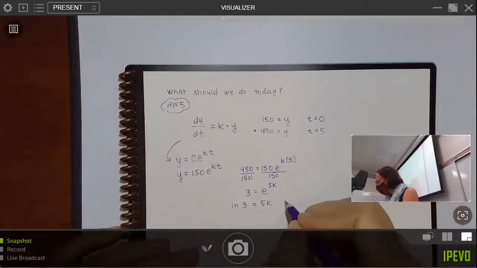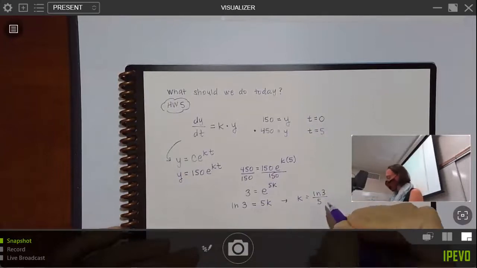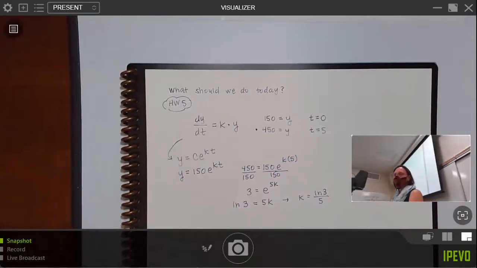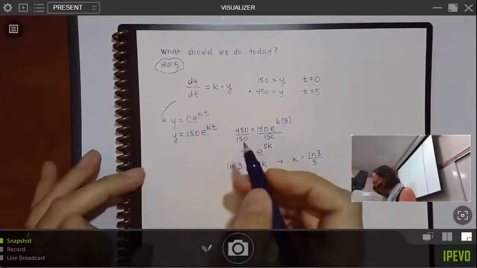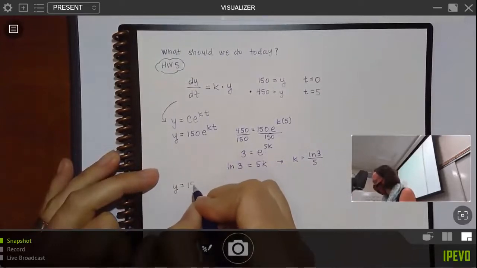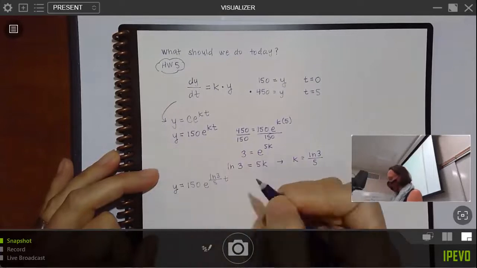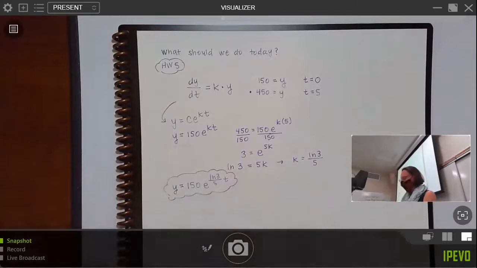So our value for k is equal to natural log of 3 divided by 5. If I put all of that back into our generic form for the equation here, we're going to have y equals 150 times e^((ln 3 divided by 5) times t). So this is our equation for the population growth.